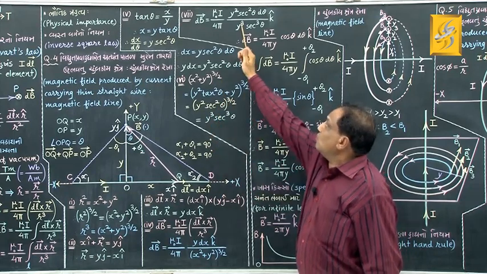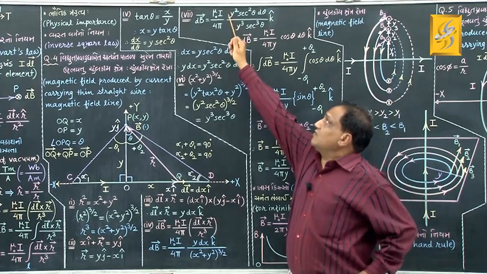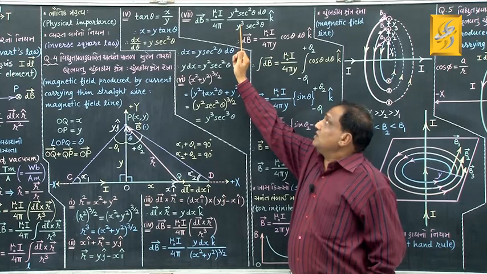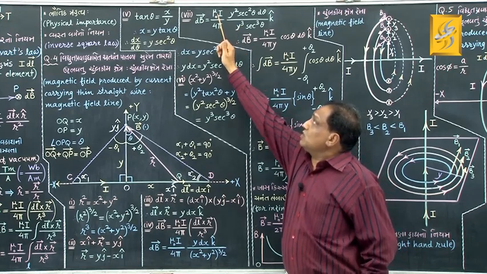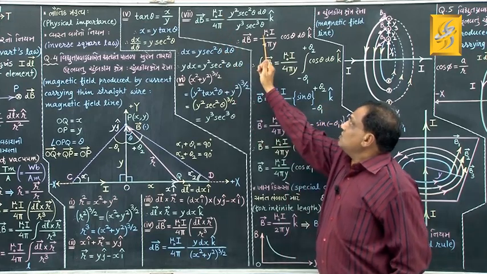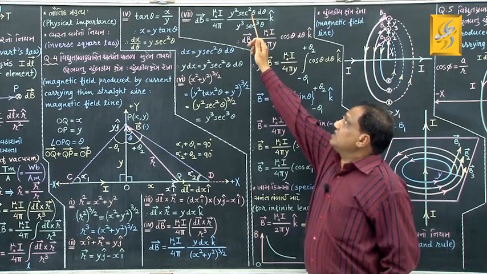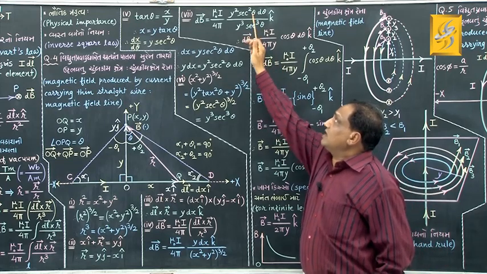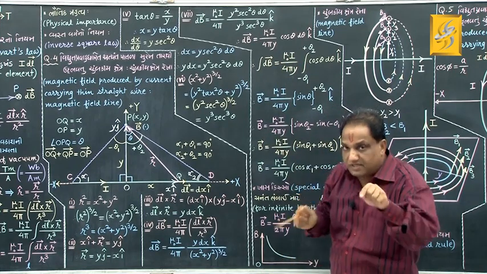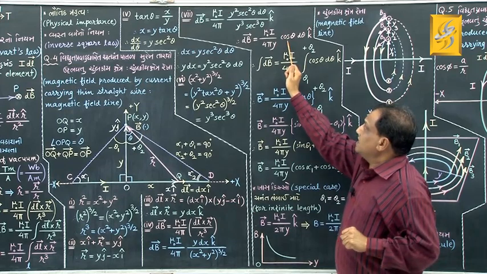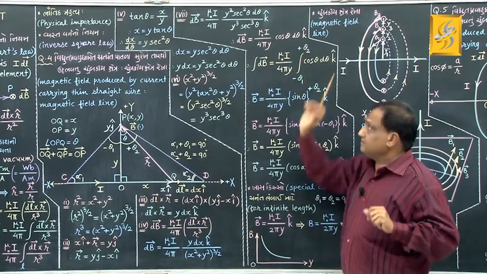Now simplify: y square divided by y cube leaves a single y in the denominator, so mu 0 I upon 4 pi y, and sec square theta upon sec cube theta is 1 upon sec theta, which is nothing but cos theta. So I am writing here cos theta d theta into k hat. Got it, fine.